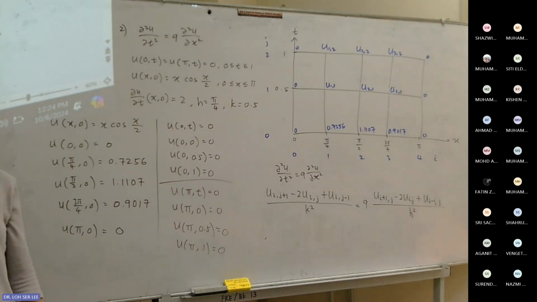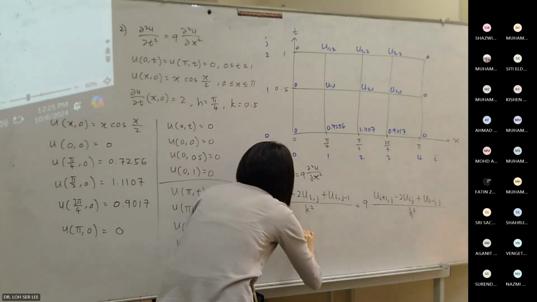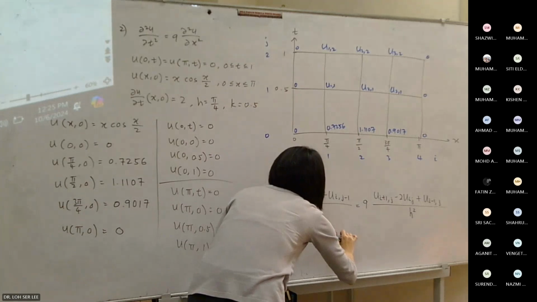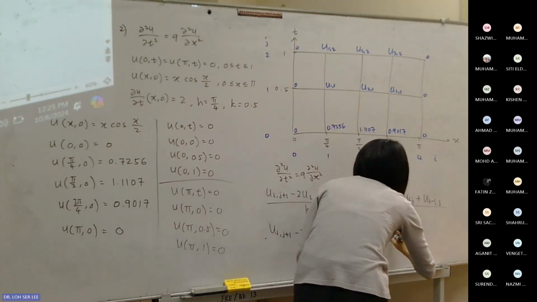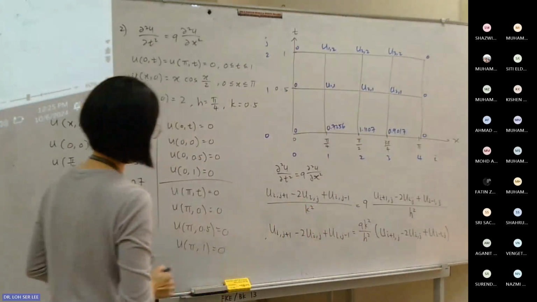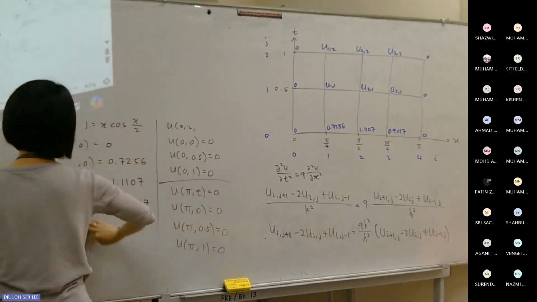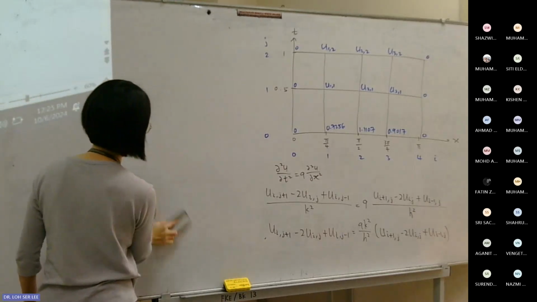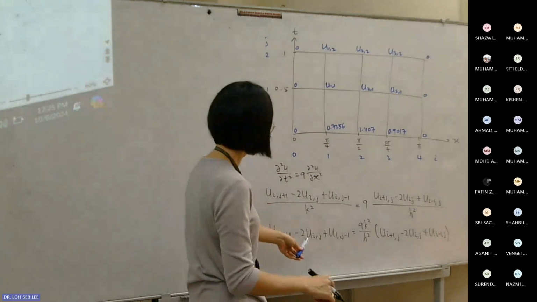Keep the uij plus 1 on the left. Okay, substitute the k and h and move this two to the right.